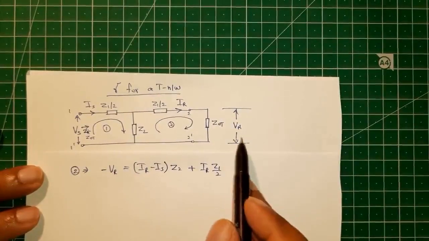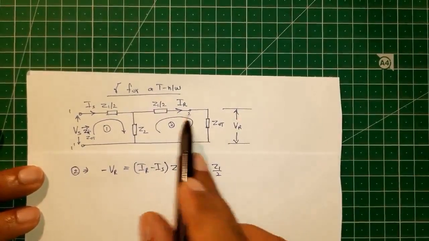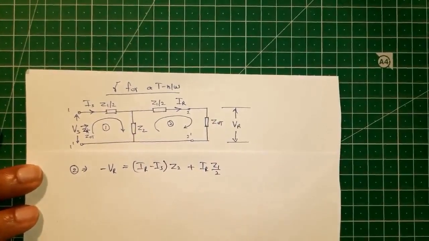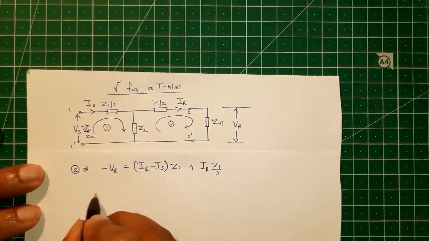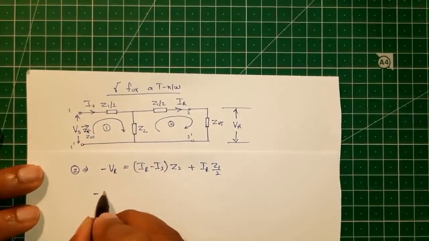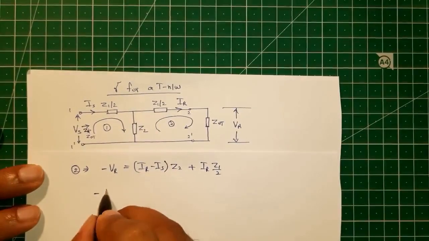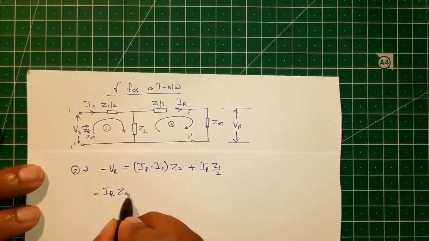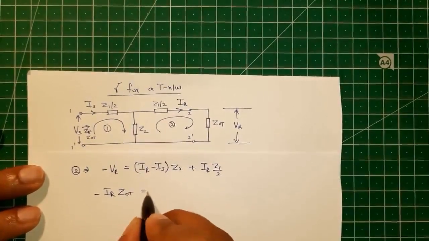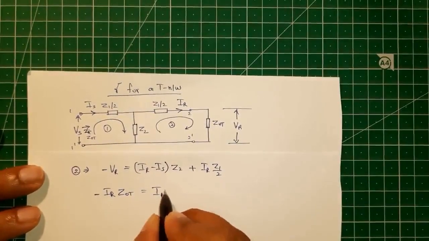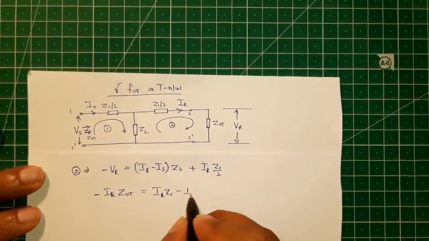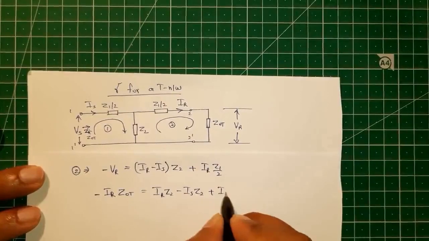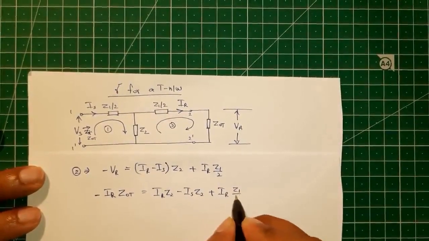Now what is the receiving end voltage VR? That will be the product of the receiving end current IR and the characteristic impedance Z0 T. So on the left hand side VR will be replaced by IR into Z0 T is equal to IR Z2 minus IS Z2 plus IR Z1 by 2.